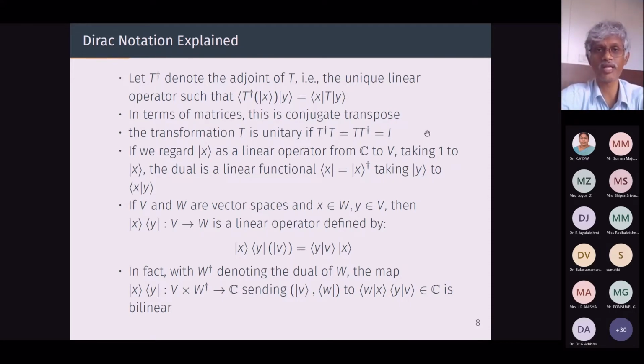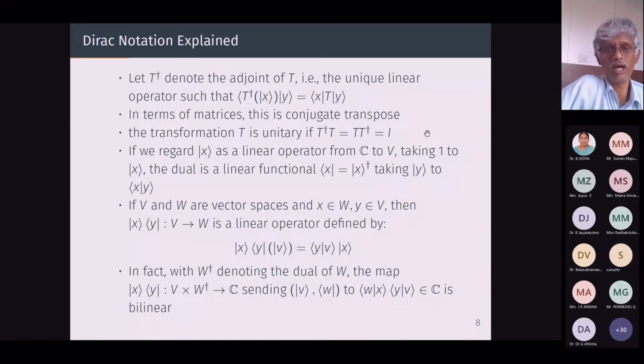This is defined via T dagger, which is the notation for the adjoint of T. The definition of the adjoint of T is that it is the unique linear operator given by T dagger of the ket of x, which gives a function, such that T dagger of x evaluated at y is x Ty. This is a map from V star star to V, and it gives a natural isomorphism to identify V star star with V. This will appear everywhere in the whole domain of quantum computation.